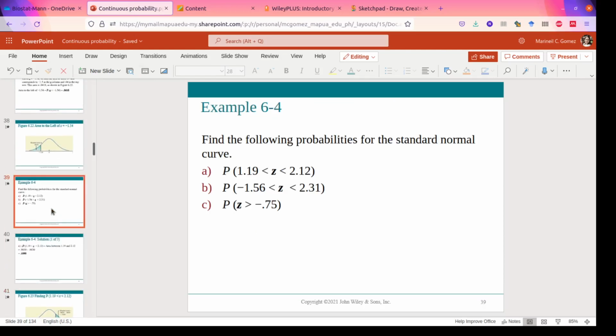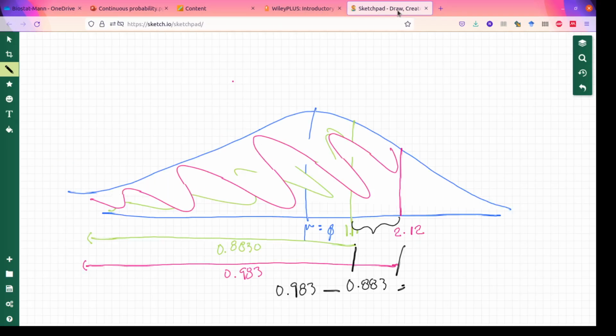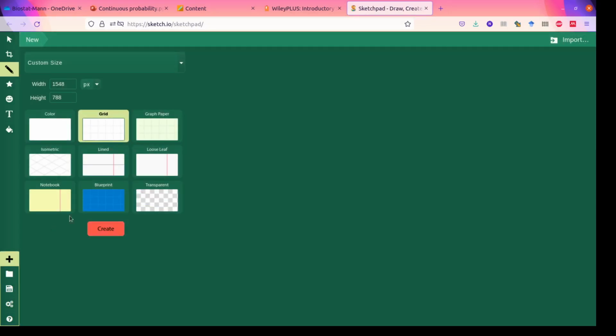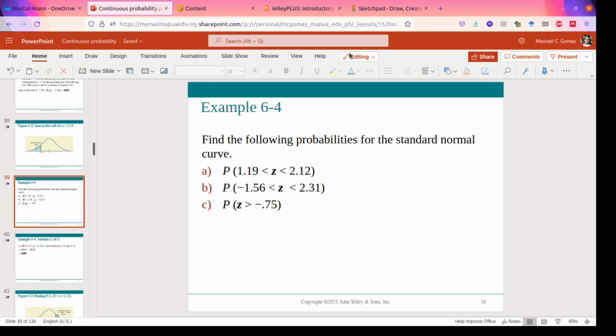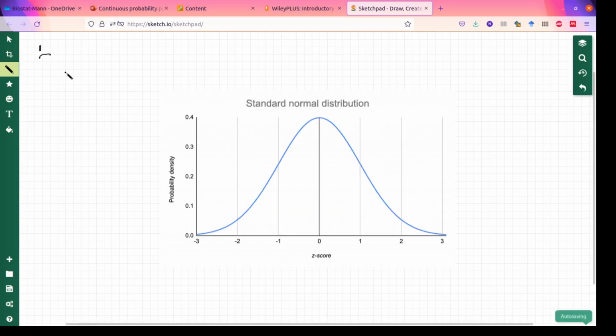Now there's another example here. This is between negative 1.56 and 2.31. So let's have our normal distribution curve. I'll just change into a new one. Here's a normal distribution.